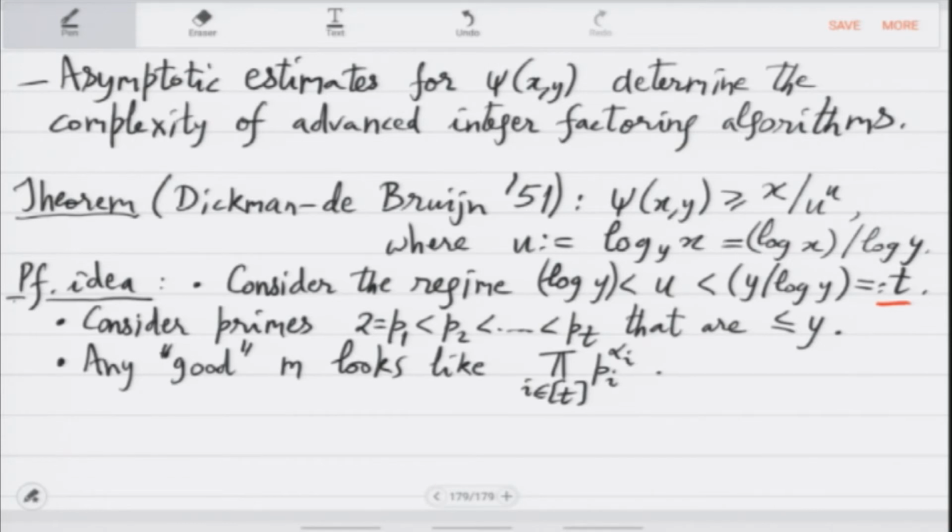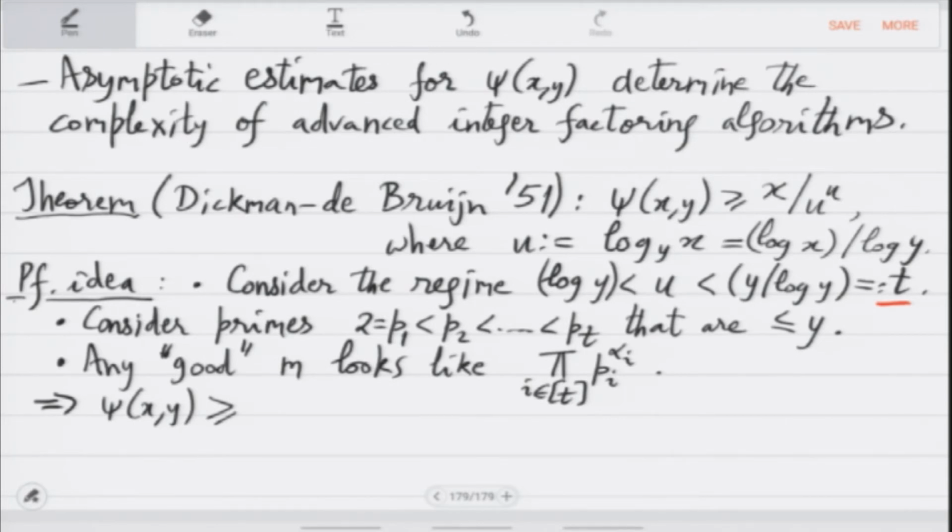Any y-smooth number m will look like the product of pi to the alpha i. So the number of such numbers you will get below x, if you take appropriate alpha i's, then this product will be below x.